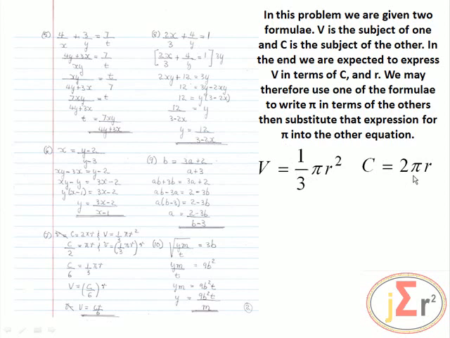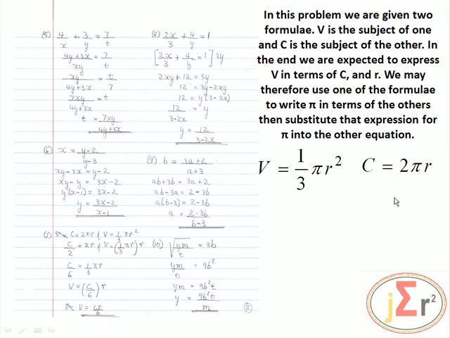Take pi over here and write pi as the subject of the formula. Then equate the two right hand sides, and after you have done that, then you may go straight ahead and make V the subject of the formula, and that is pretty much an excellent solution. Or you may use this equation and transpose it, make pi the subject, and then substitute what you get for pi into this equation. That's another way.